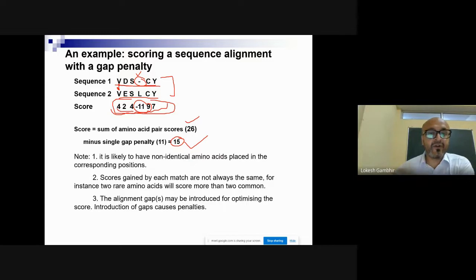It is different because the probability of substitution is also dependent upon the neighboring amino acids. For example, if you are talking about two rare amino acids, the scores will be more than two common ones. And when we are aligning the gaps, we have incorporated the penalty of the gaps.